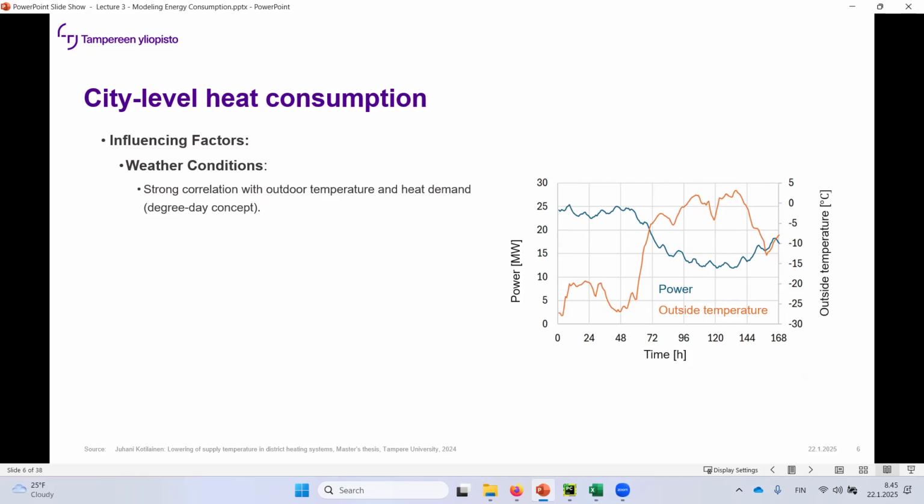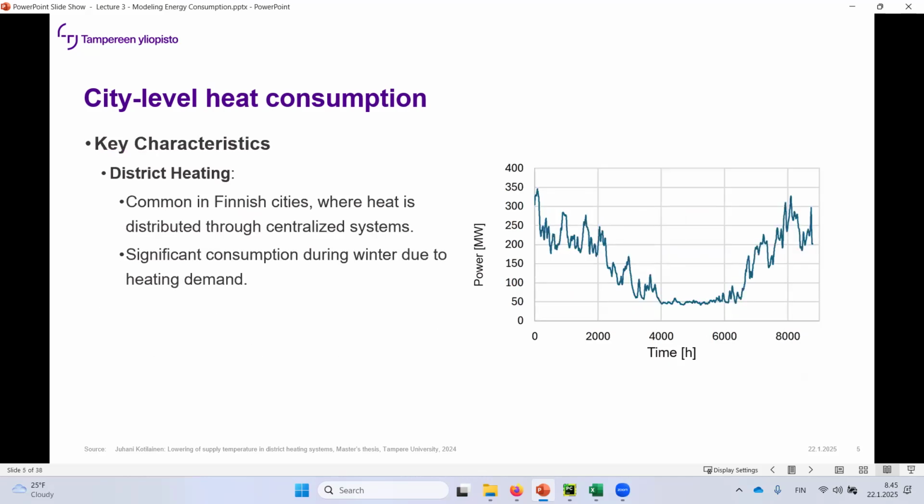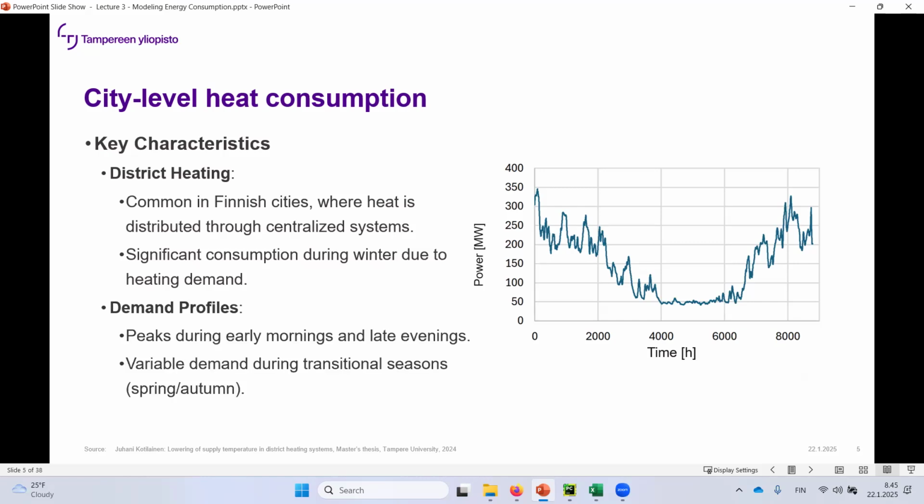So there's a 50 degree temperature difference. During the winter time, when there's minus 30 degrees outside, it's pretty much the equivalent of heating the whole city to sauna level temperatures during the summertime. So that's why these peaks really matter. You have to have the capacity to provide it.